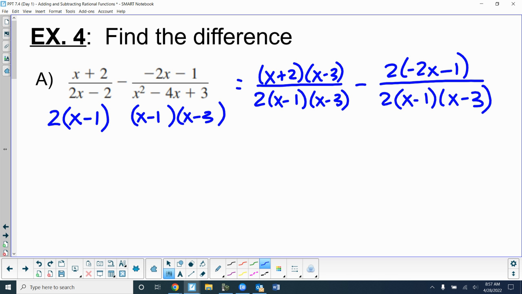X minus 3. So I had to multiply the top by x minus 3. So whatever I do to the bottom, I also have to do to the top when I rewrite my fractions with the common denominator. Okay? Any other questions? So now I have to do multiplication before I do this subtraction, right? Well, how do I multiply those?